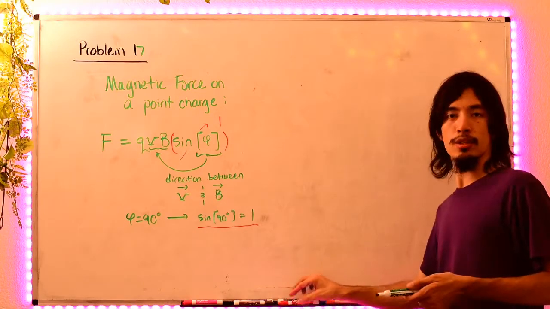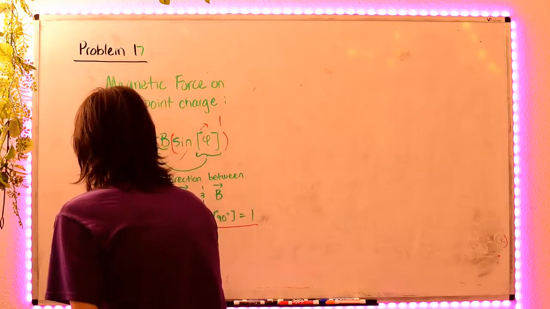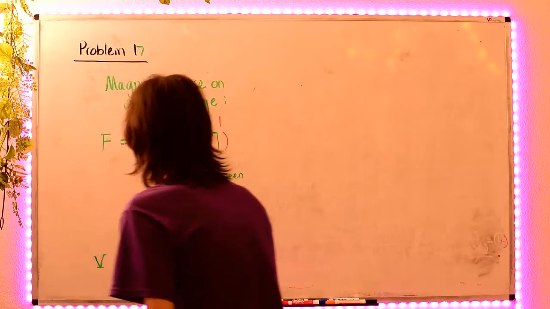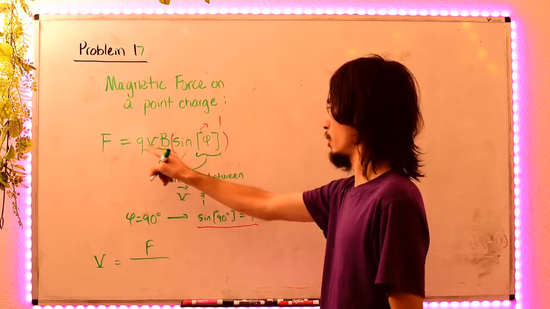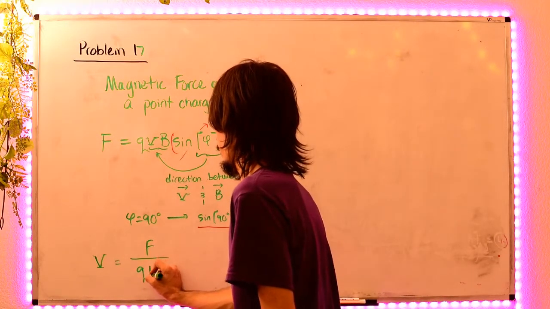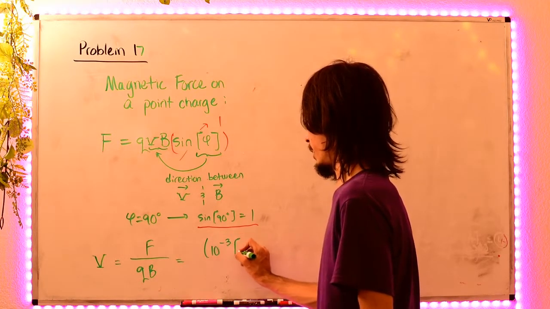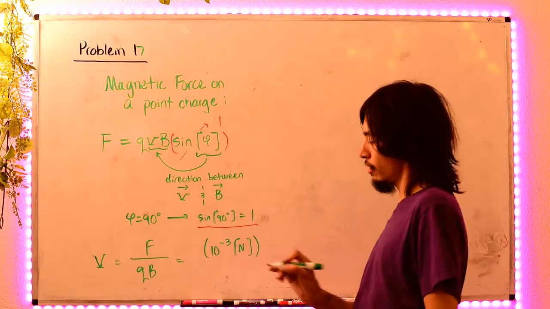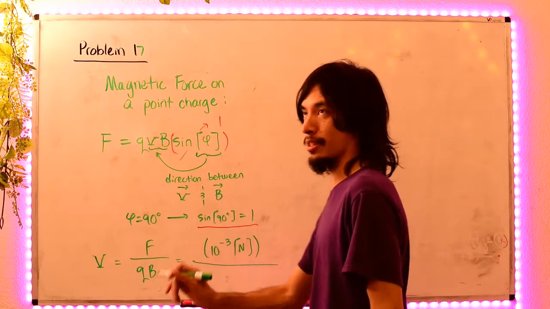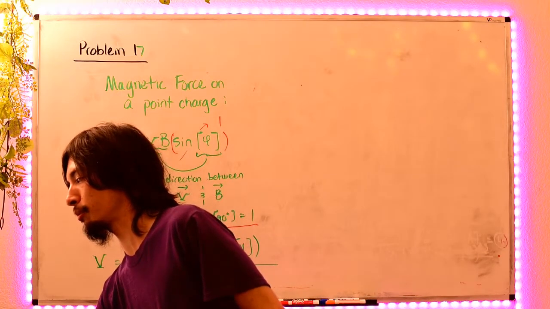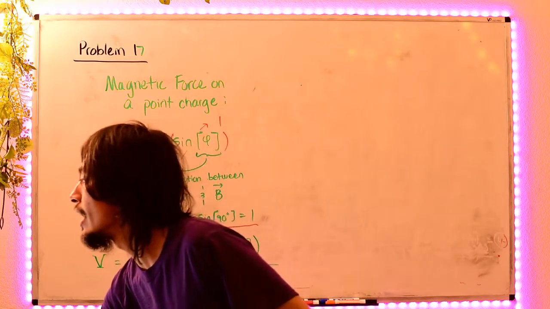So with that, we want to find the speed, so we'll solve for V. V, when solved, is the force felt divided by QB. So it would be 10 to the minus 3 newtons, I believe is what it was, divided by the charge given, which was 10 microcoulombs.